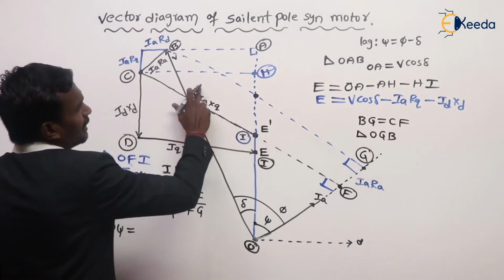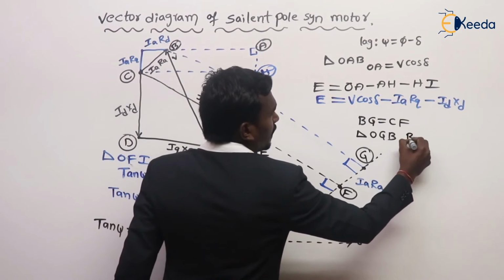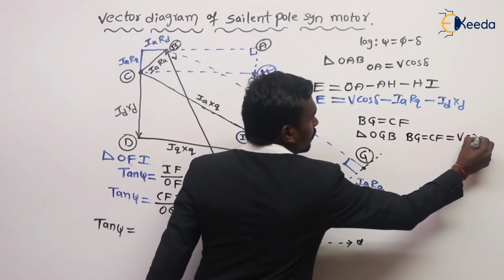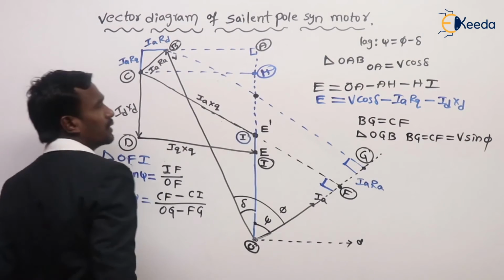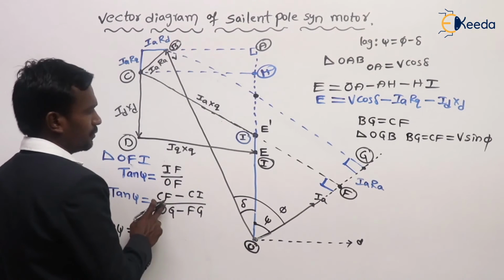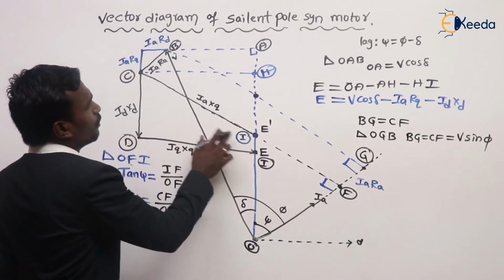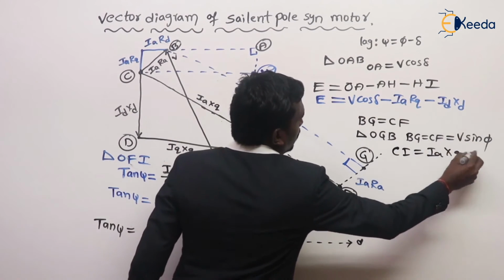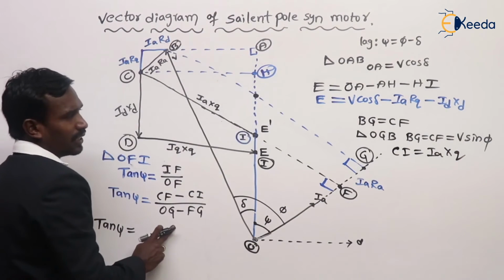So how can we utilize this? So BG, which is CF, is equal to V sine phi, because it is the opposite value, that's why sine phi. Okay, I got CF minus CI. Of course, the CI value we know completely, IAXQ. Is it okay?